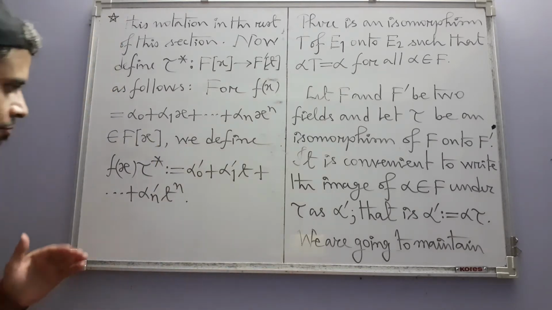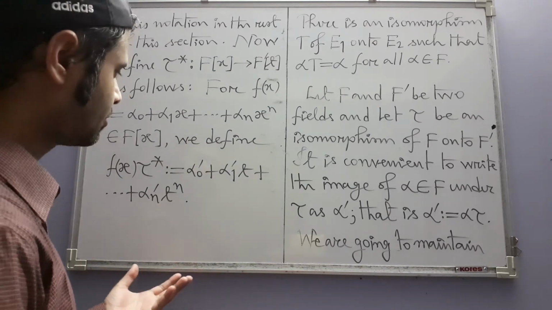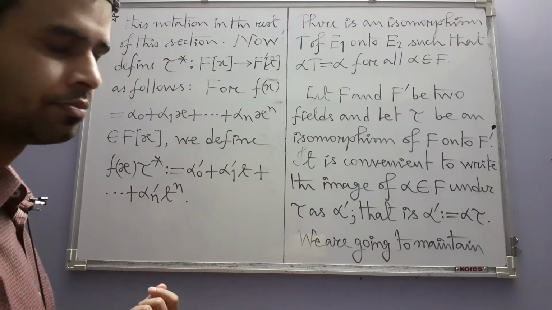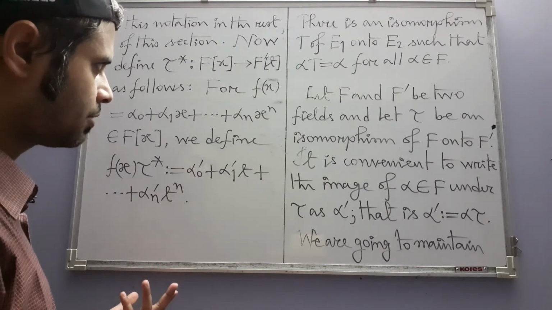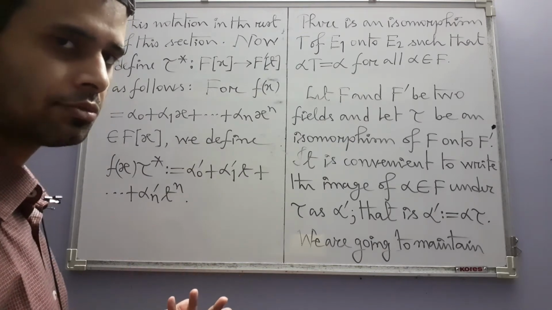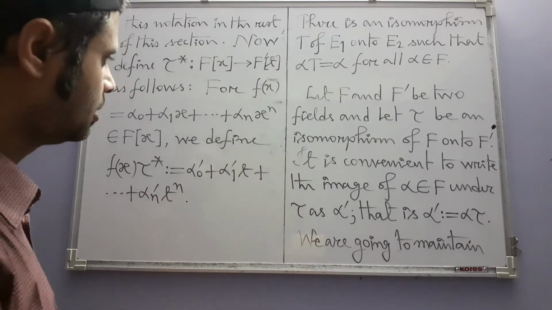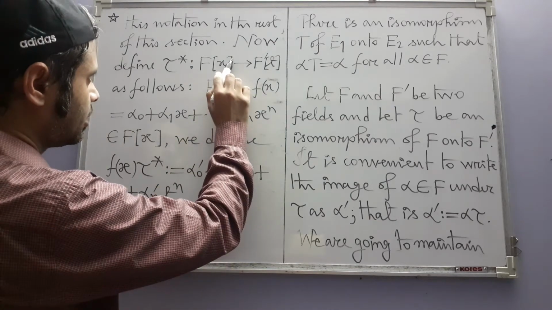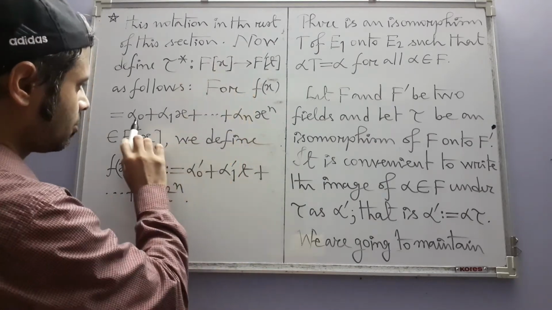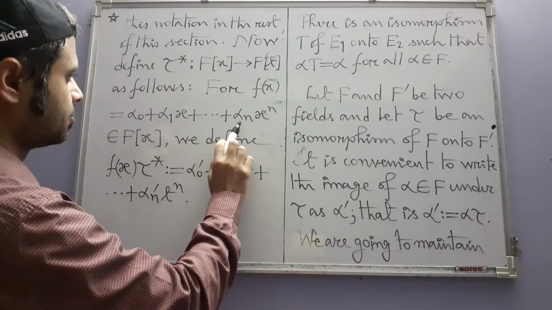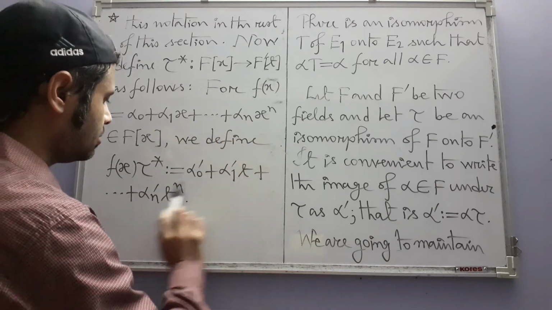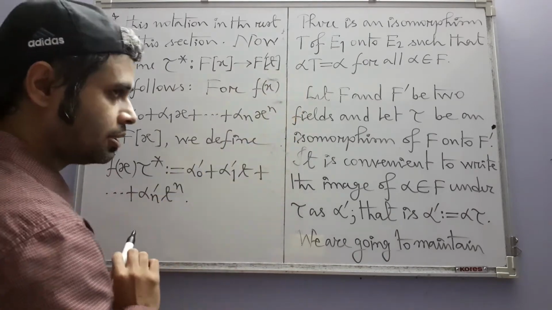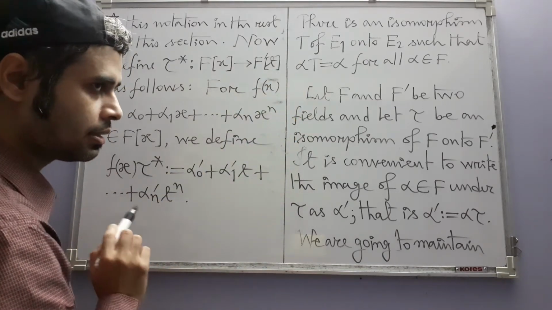Okay, so now the first thing next we have to see is that this function tau star is a well-defined function. If we don't have a well-defined function, then of course we cannot go any further and the story stops here itself. Well-definedness demands that if we take any element here, for example we have taken this f(x), then this image must first of all be here in F prime[t], and the second thing is that it should be unique.